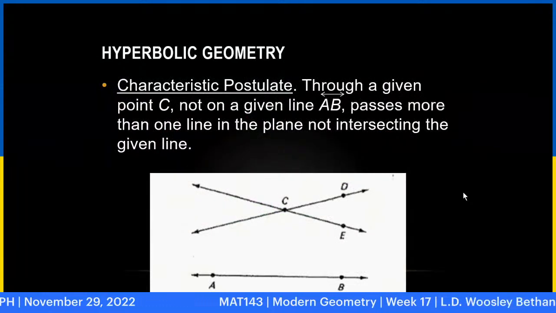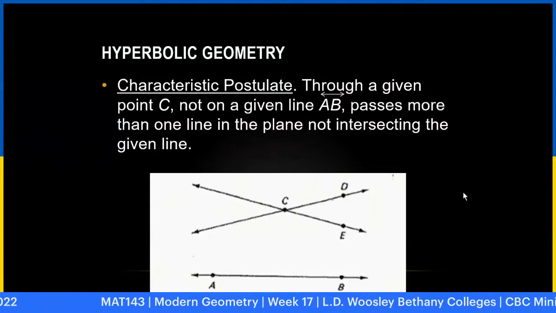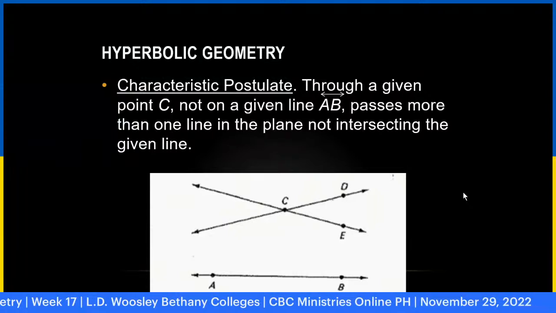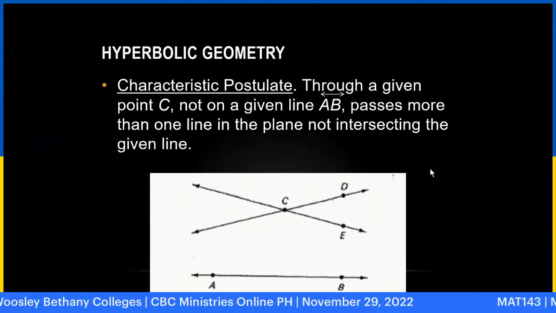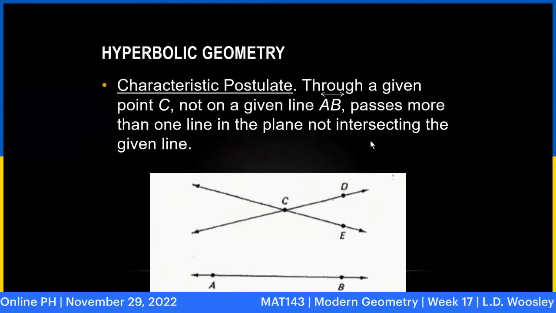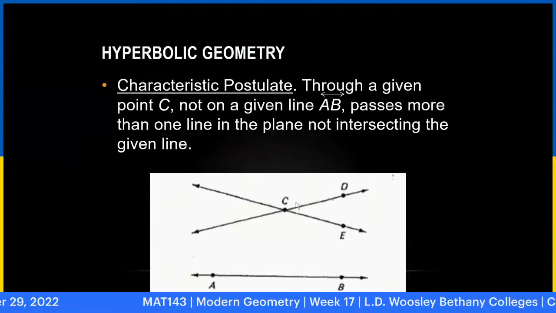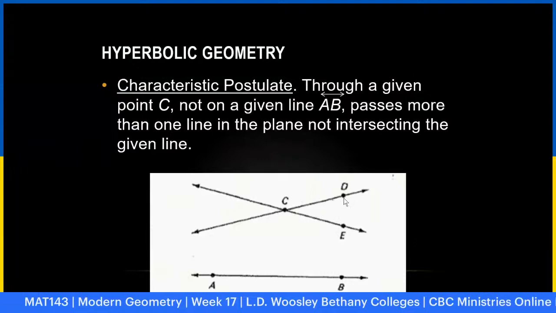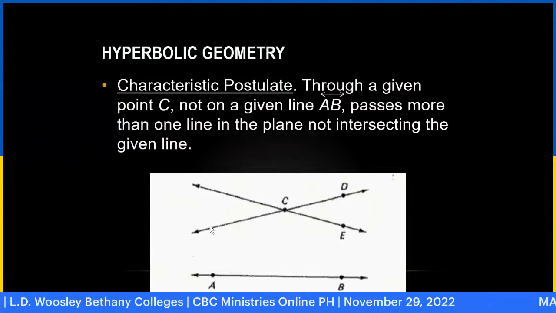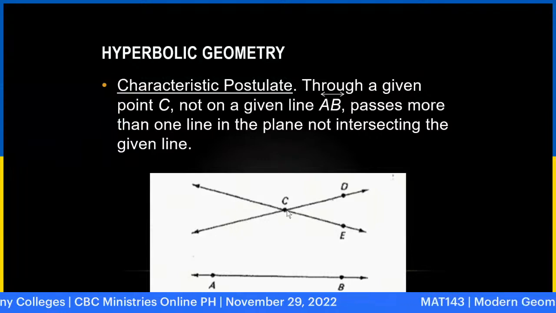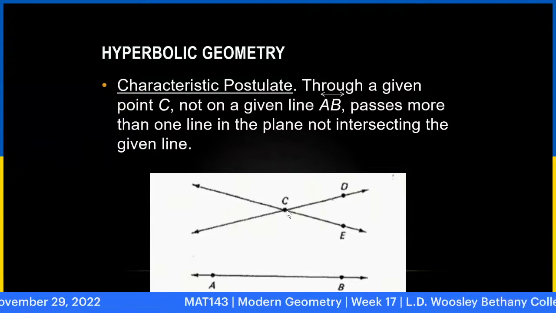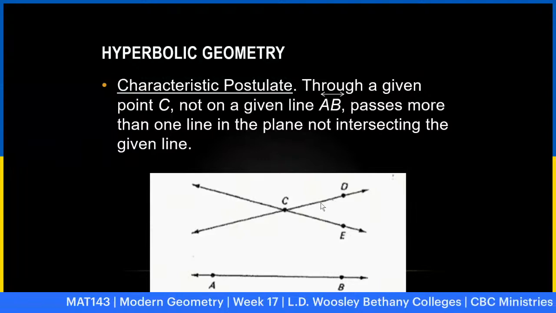Next to this, we have the characteristic of the postulate: through a given point C not on line AB, it passes one or more lines in a plane not intersecting the given line. Basically, they are curving away. That's the property of this line. Though you have a common point C here, basically they're curving away.